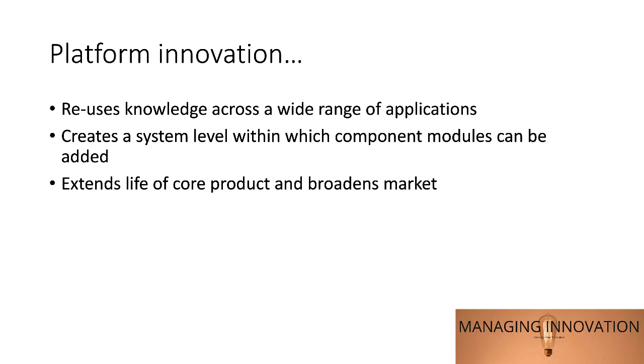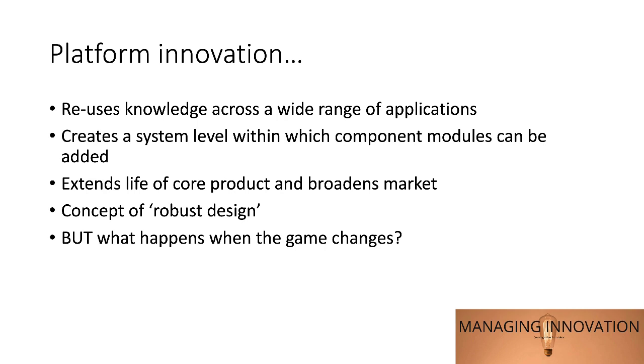And that, of course, means we can extend the life of our core product and broaden the market. There's a concept sometimes used called robust design. The Boeing 737 is a good example of robust design. A plane that's 70 years old, but basically still running and still being offered in new variants built across that core platform. But there is a downside to platform innovation.